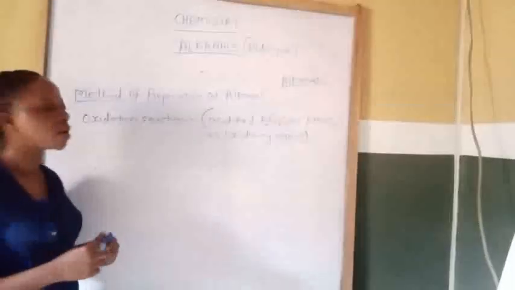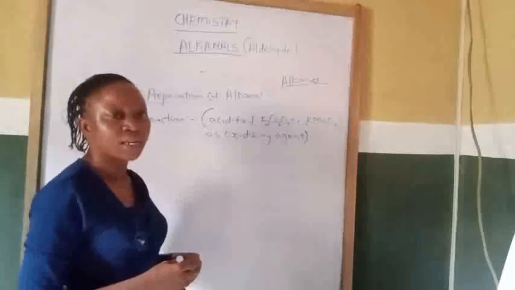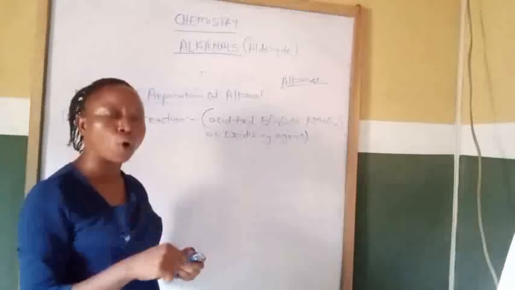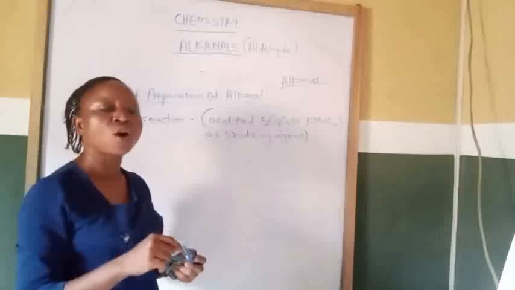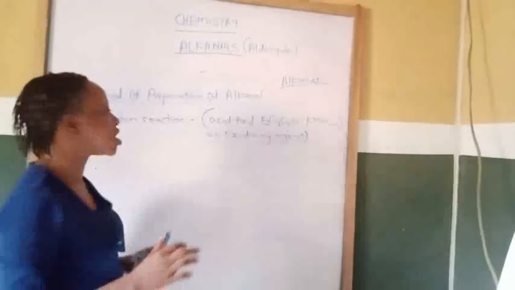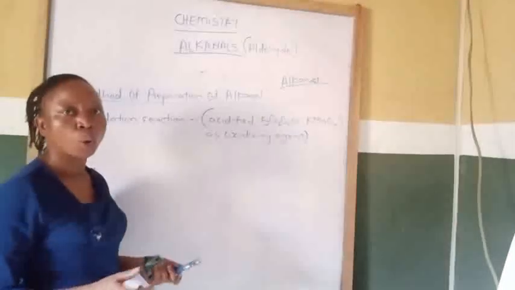Let's prepare the first member of alkanal, which is methanal. So we use the first member of a primary alkanol, which is methanol.